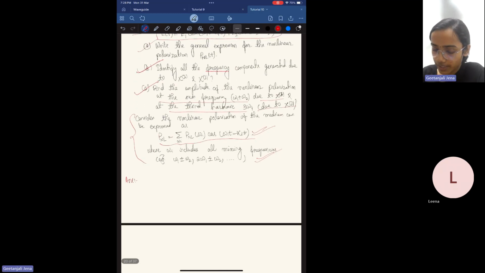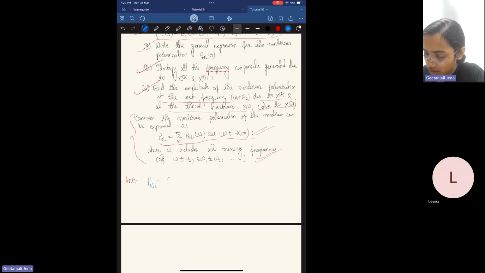So first, let us write the general expression. The general expression is easy, because chi_m for m greater than 3 is 0.